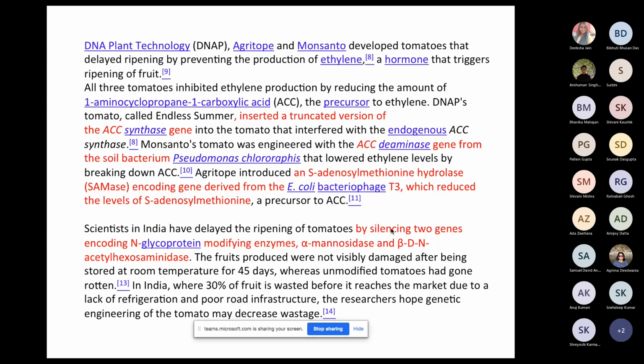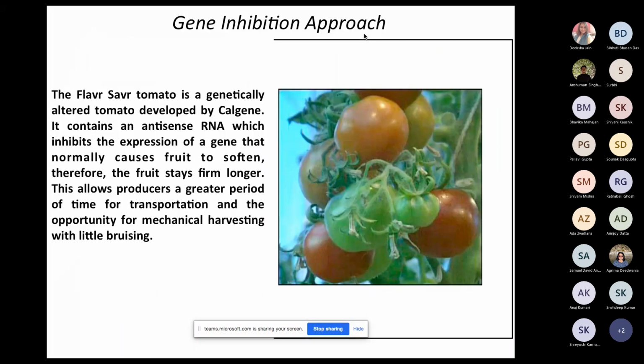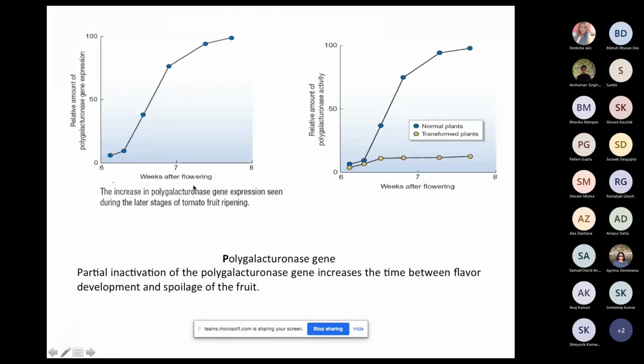What you have to know is which are the various pathways involved in fruit ripening. So in that context, we understood that one way is that you target a gene, polygalacturonase, which affects the pectin. So one transgenic was made in which this particular gene was inhibited, and then we got a Flavr Savr tomato, which had much slower ripening as compared to the control one.